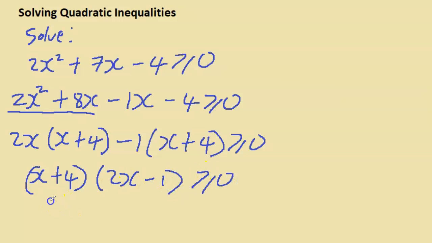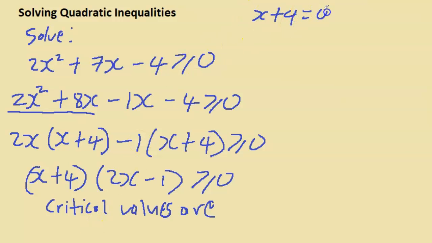So the critical values are whatever values of x make the expression 0. So we equate both brackets to 0. Equate x plus 4 to 0 and solve, you get x equals negative 4.